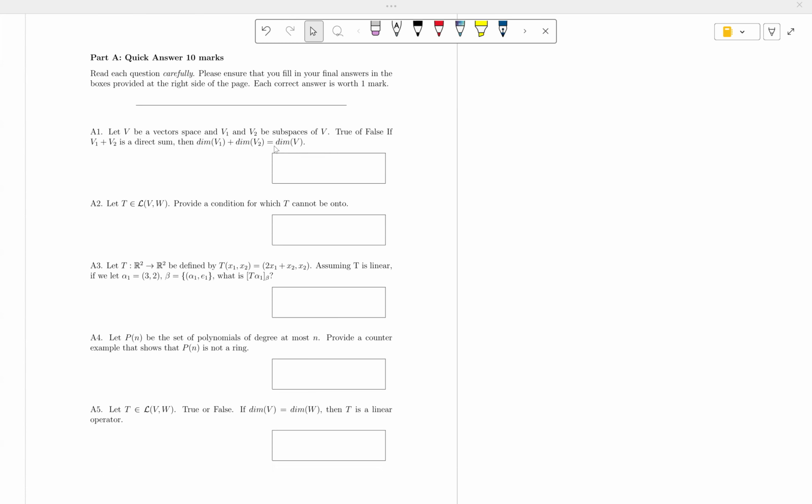Well, V1 plus V2 is a direct sum. What this means is that V1 intersect V2 equals the set containing the zero vector. That's one condition.